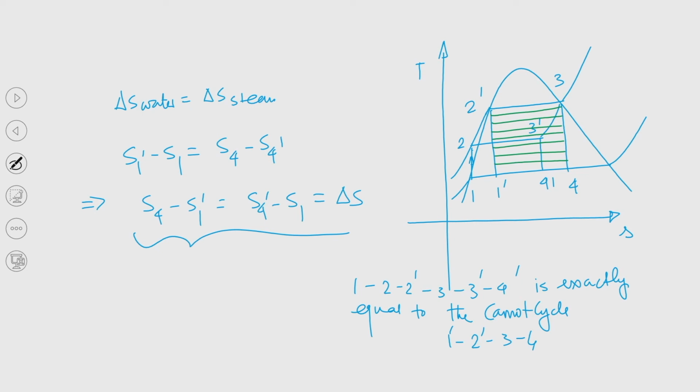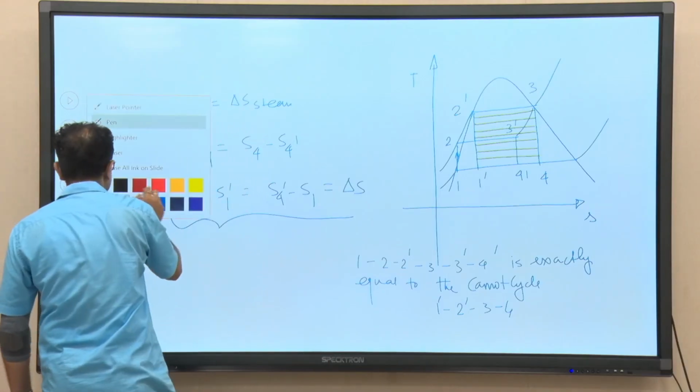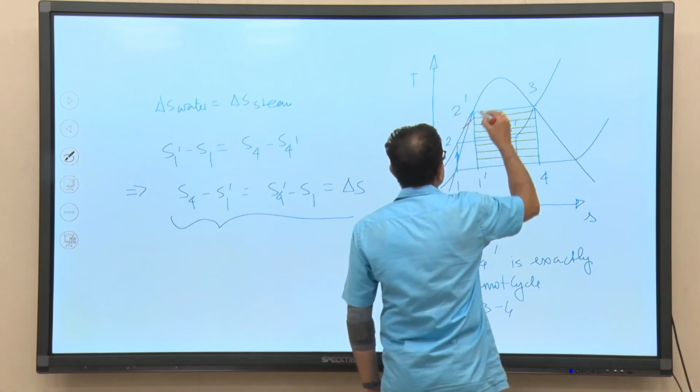Okay. So, this is now the area 1, 2, 2 prime, 3, 3 prime and 4 prime. So, this area is equal to the Carnot. Try to understand this, these two are equal, from the TS diagram you can understand. So, if I try to draw using say red color, I am talking about this area.